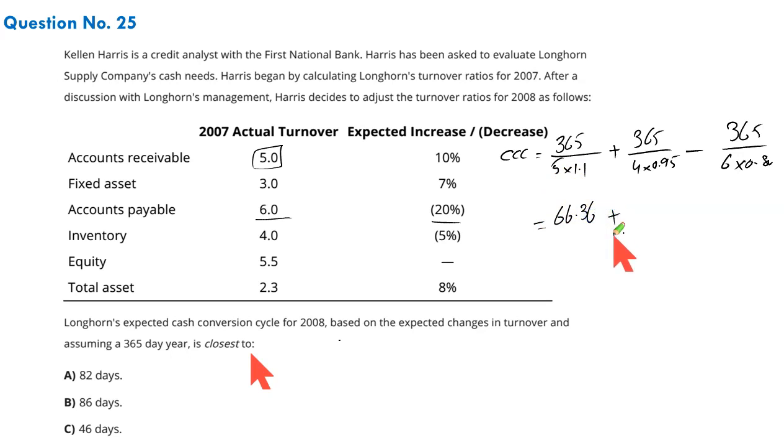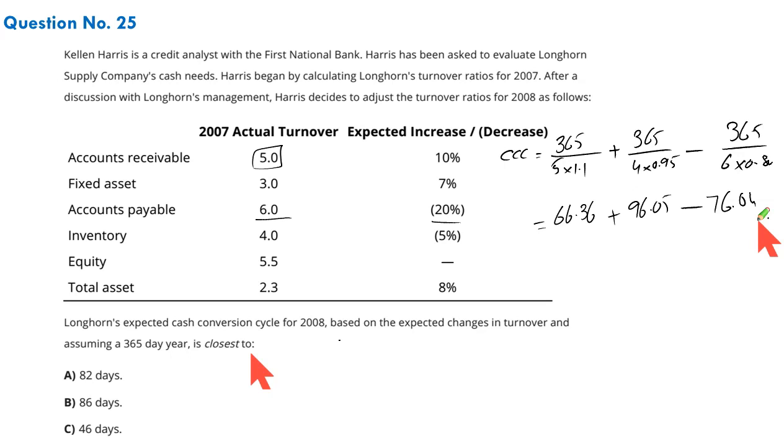66.36 plus 365 divided by 4 times 0.95 gives me 96.05, and then 365 divided by 6 times 0.80 gives you 76.04. That's all.